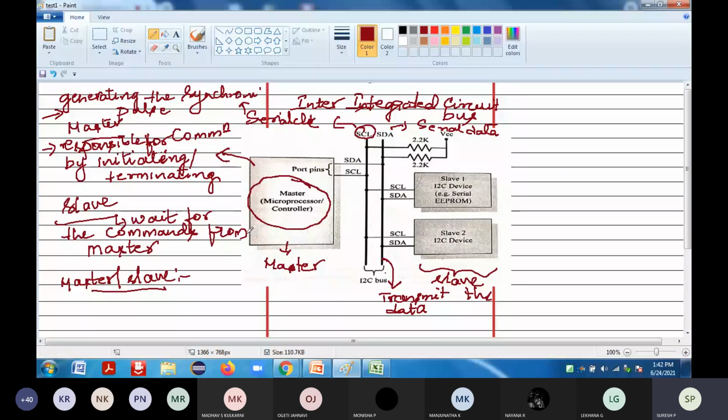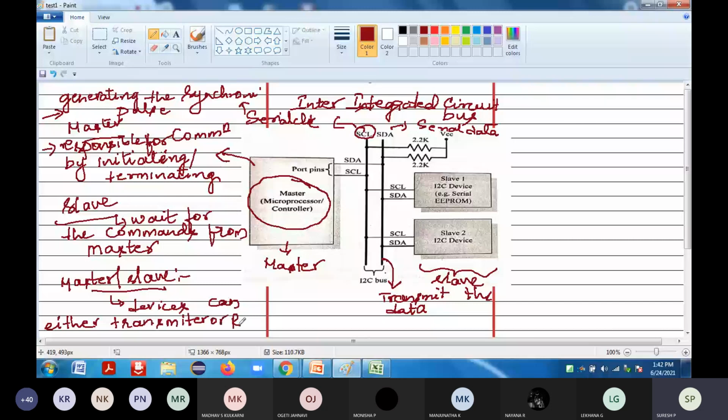Now when you take the master or slave, both devices can act as either transmitter or receiver.